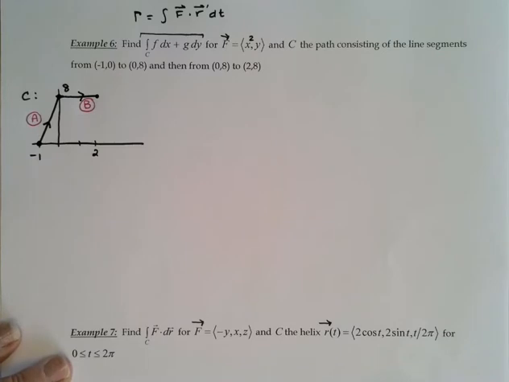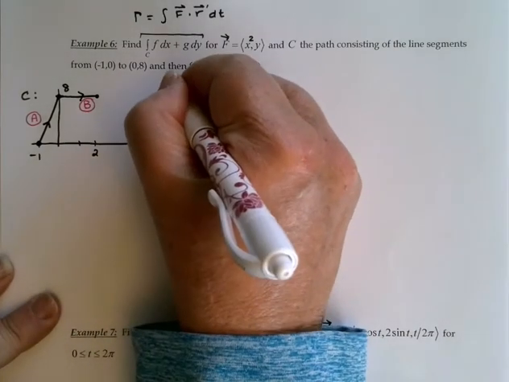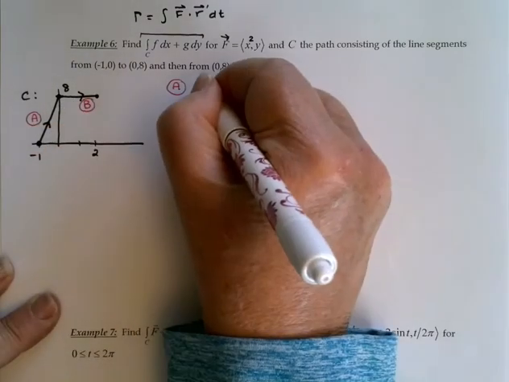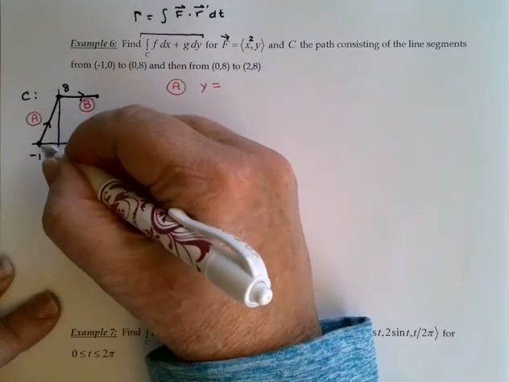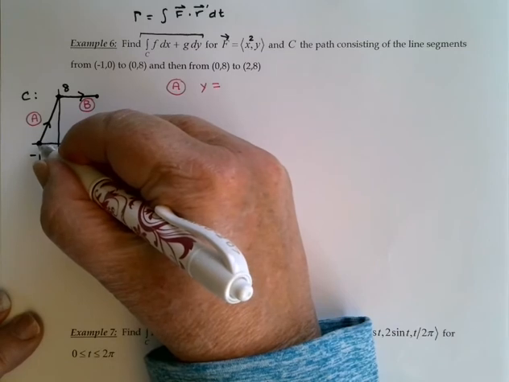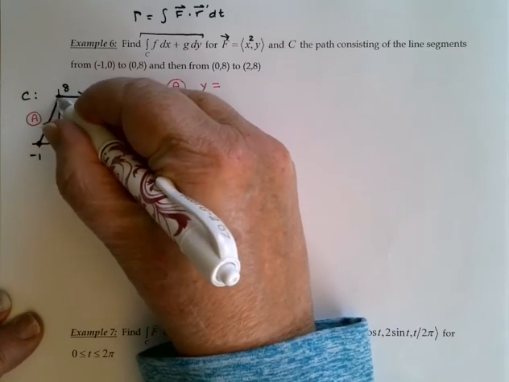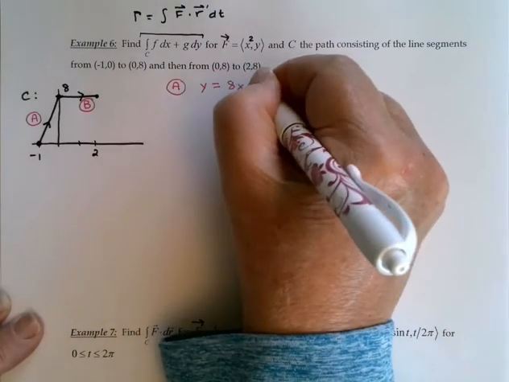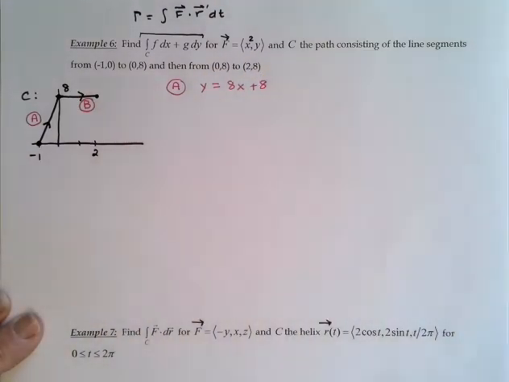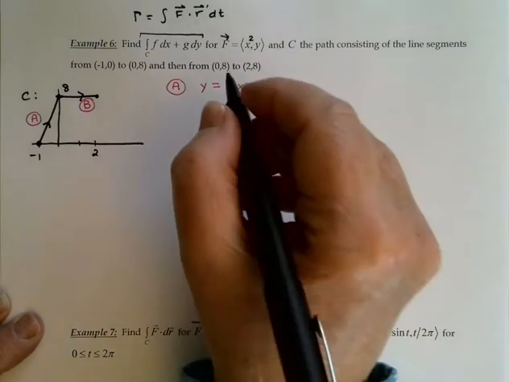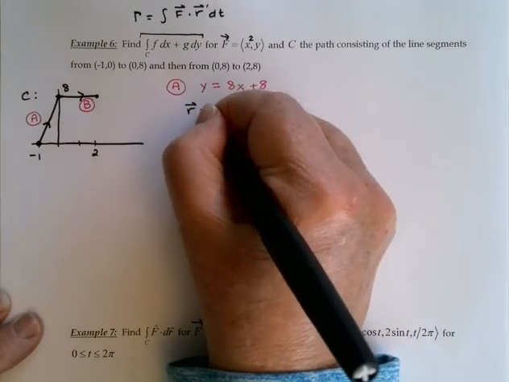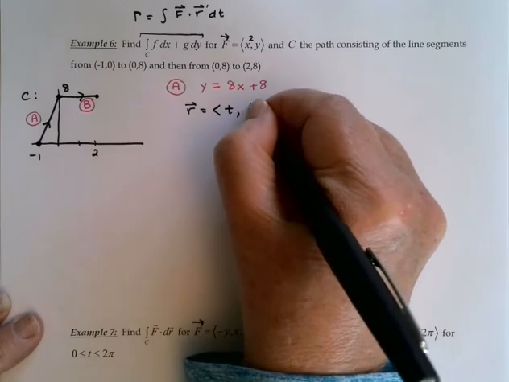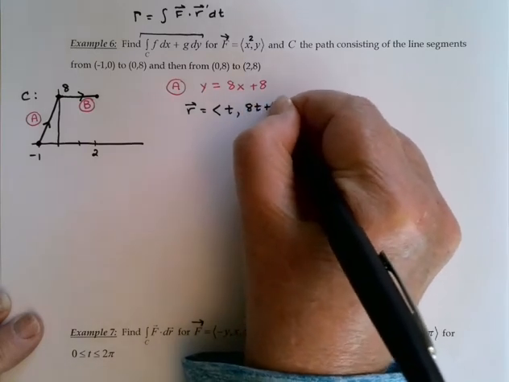So for path A, that line is actually just the line y equals, and let's see here, the slope would be a rise of 8 and a run of 1, so 8x plus the y-intercept 8. So as far as r is concerned, if I use my usual trick of letting x be t, then y would be 8t plus 8.